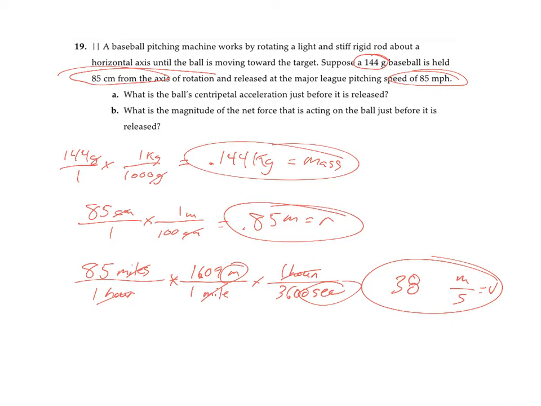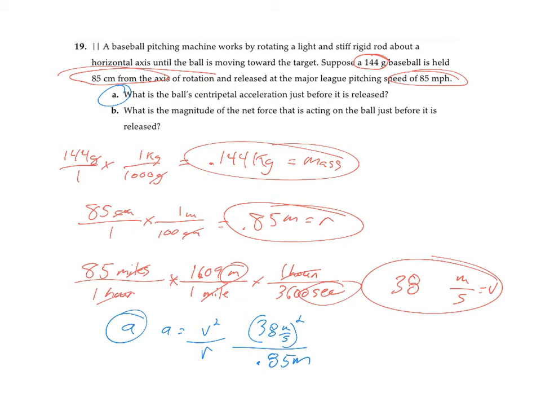Now, we can finally get started, right, Payne? Just to get started. A, what's the ball's centripetal acceleration? A equals v squared over r. My v we just did, 38 meters per second. And my radius, we did that like an hour ago, 0.85 meters. So I already have that 37.99 in my calculator.